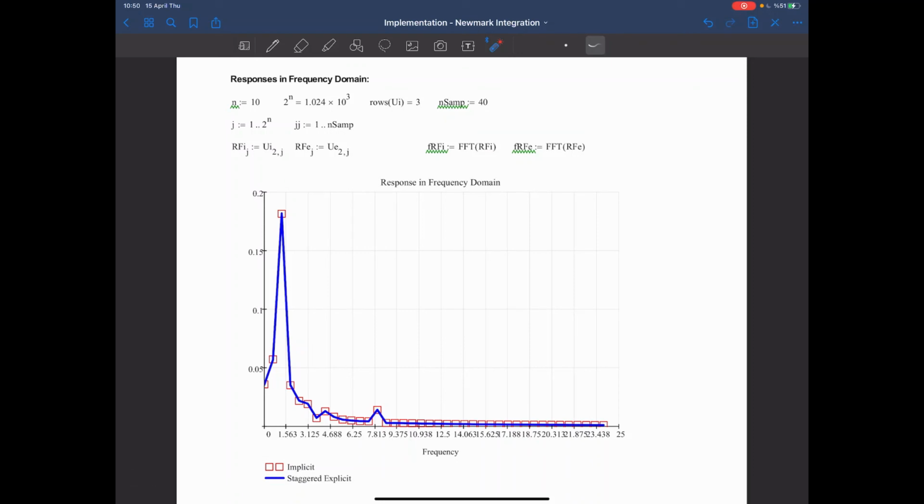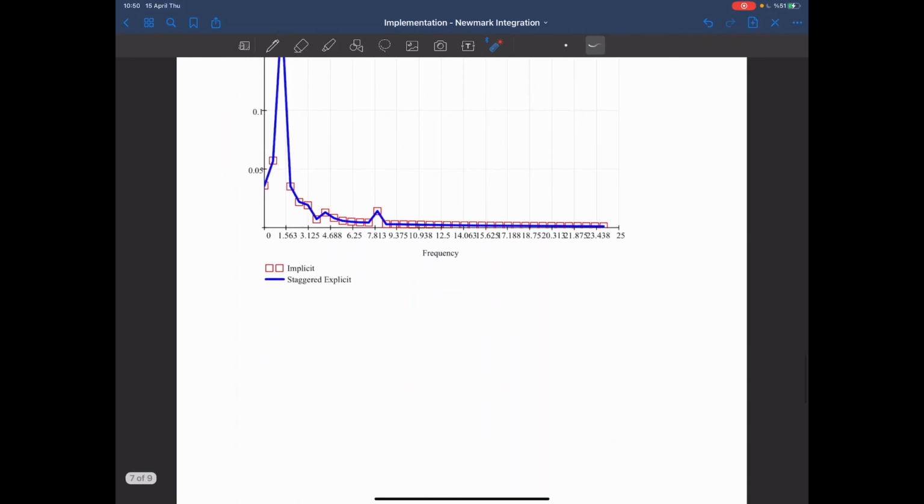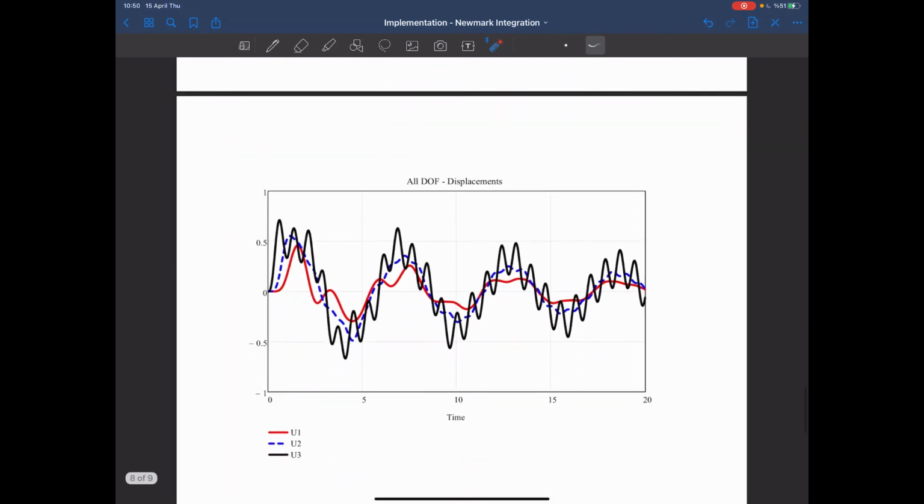Now I also want to discuss the response of all the degrees of freedom. Remember that this is our structure. Let me draw it one more time. Two springs in series. This is my first degree of freedom, U1, U2 and U3, and remember that I'm applying the force to the third degree of freedom.